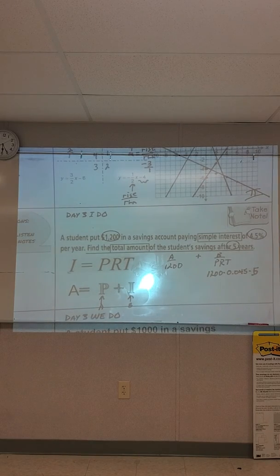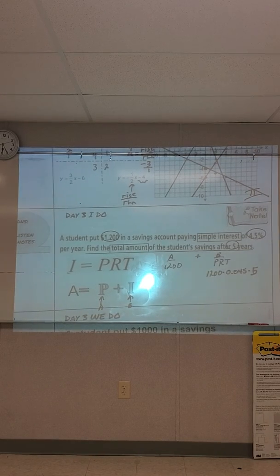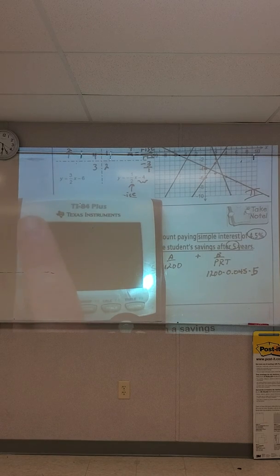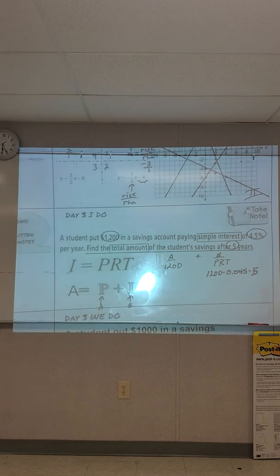Alright. So let's do this. Calculate this up. So we have 1,200 times 0.045, because that's the decimal equivalent of 4.5%, times 5 years. And that's going to produce $270 of interest. So we have 270.